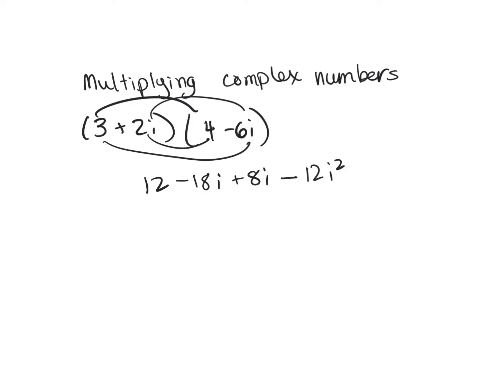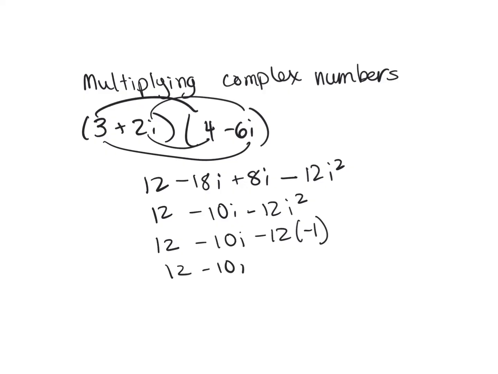So this becomes 12 minus 10i minus 12i squared. But i squared, my friends, is negative 1. So this is 12 minus 10i minus 12 times negative 1, which is 12 minus 10i plus 12, which is 24 minus 10i. And that's where you end up.